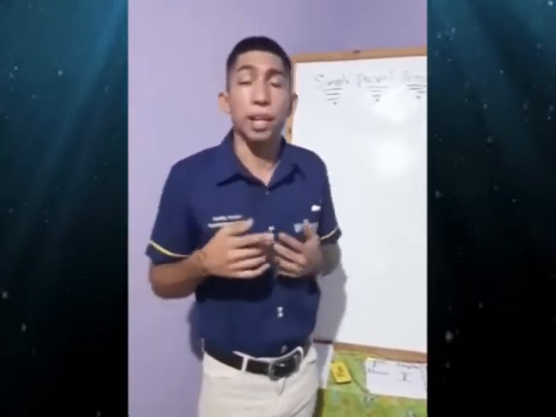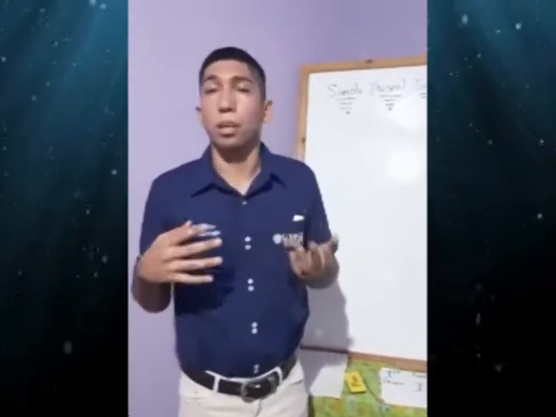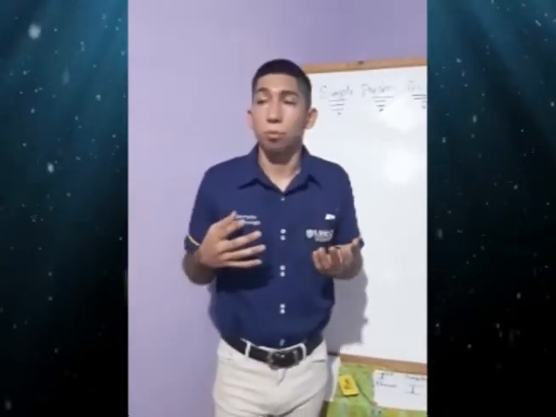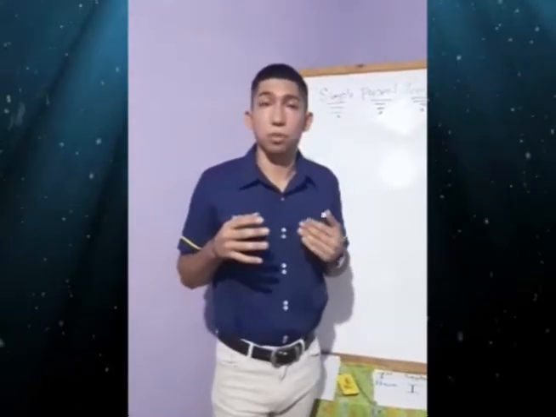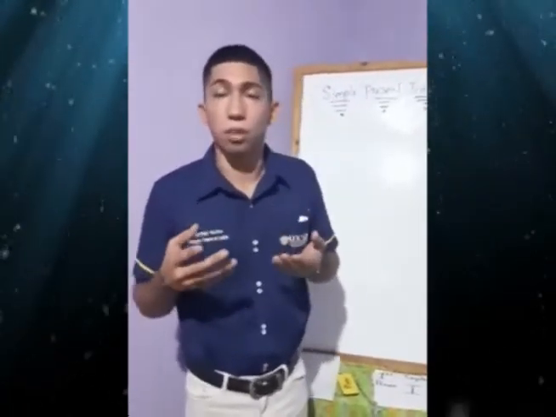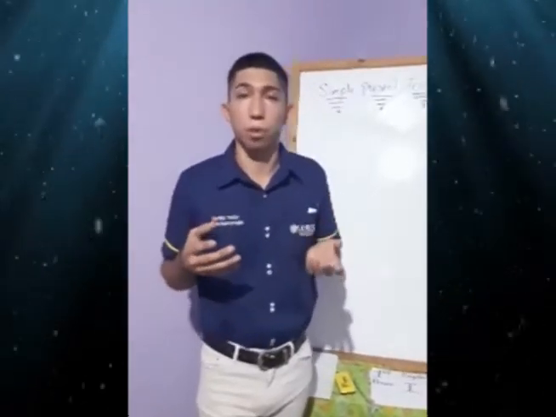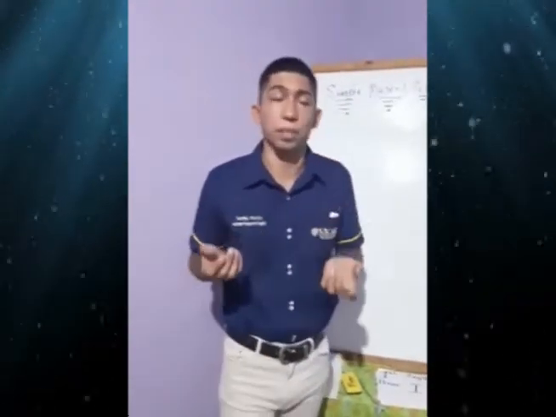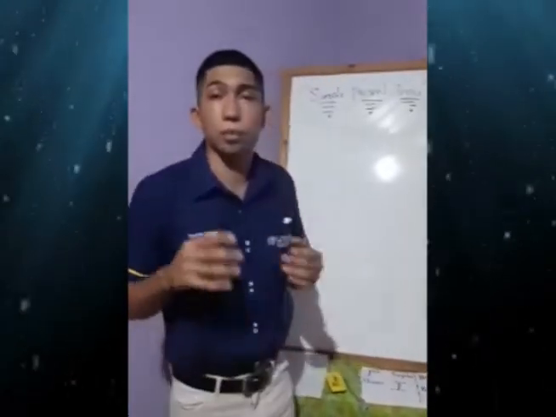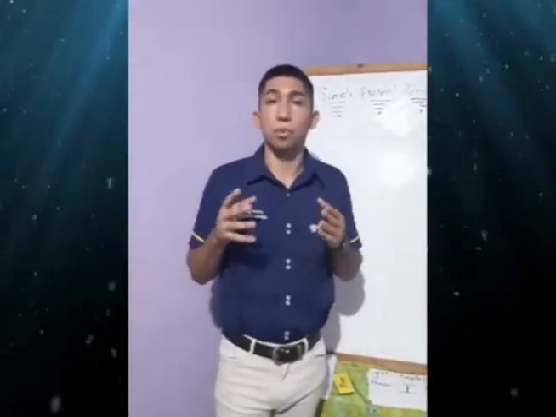Now I'm going to explain some rules that we use in affirmative sentences when we use the simple present. But before starting, I need to show you something important. The first thing is that we need to use the third person singular.